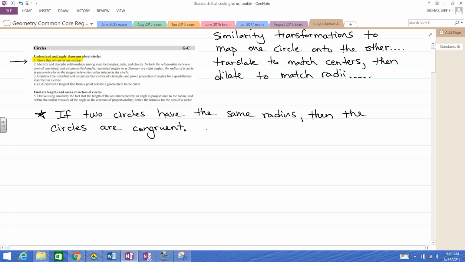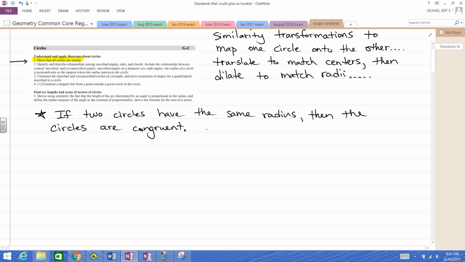That's something that we could all agree on. The reason is, what is a circle? It's all the points that are a set distance from the center. That's what defines a circle. Well, if you get two circles that have the same distance from the center, they've got to be congruent.